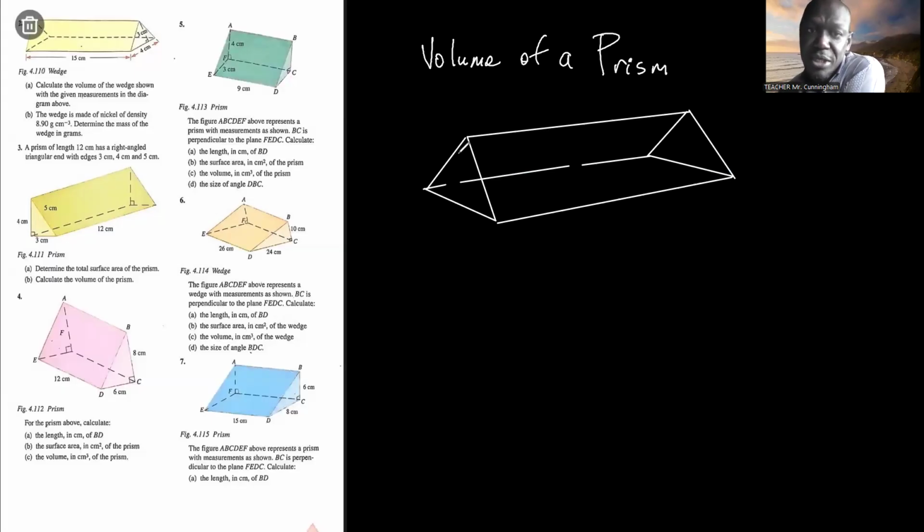Because this triangle here is the same in dimension as this triangle here. Same, exact. So the area of the yellow triangle is the area of the green triangle.